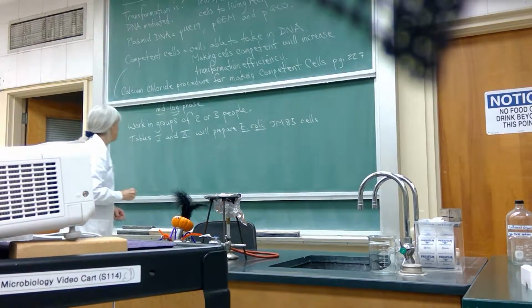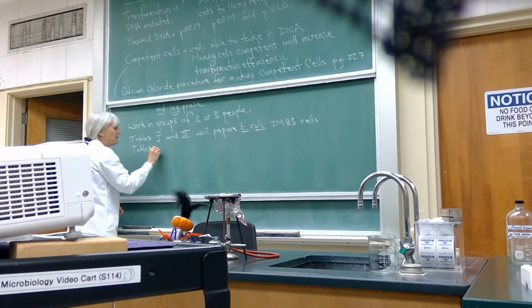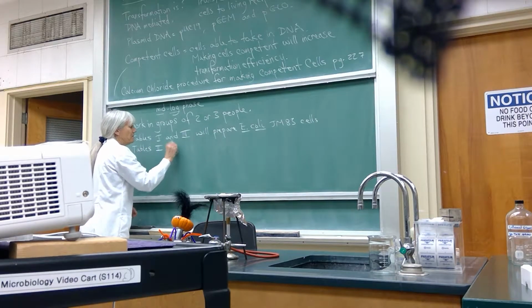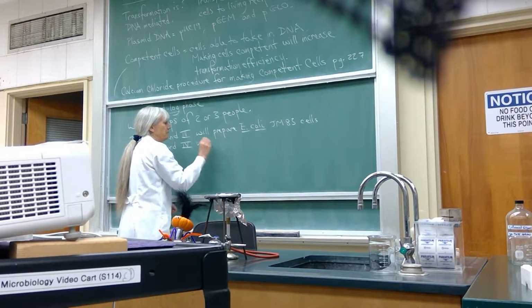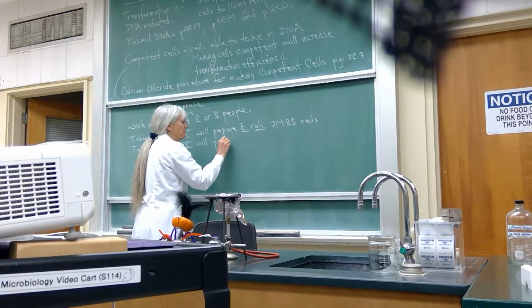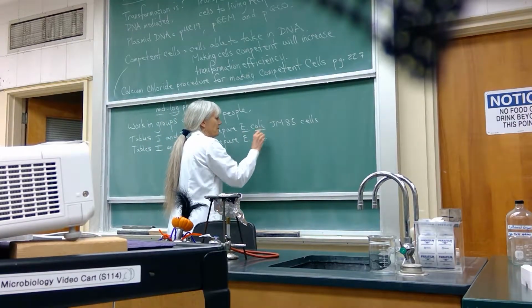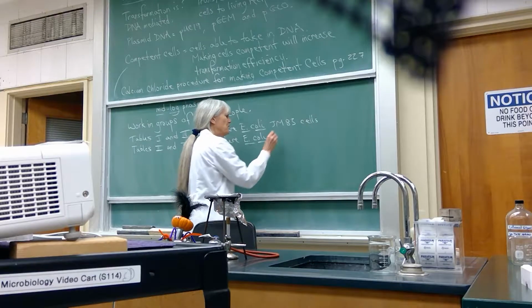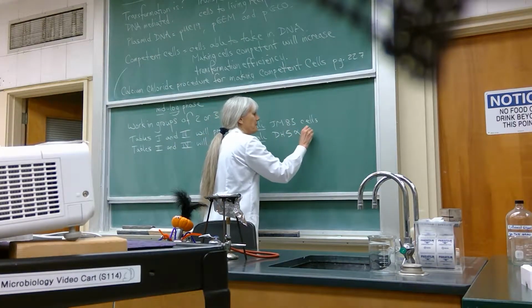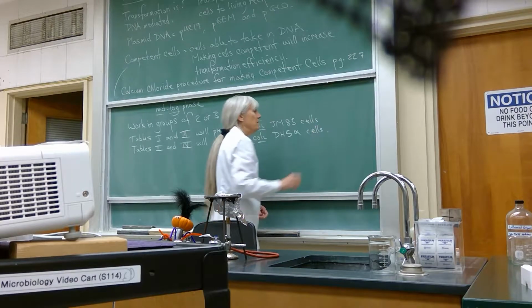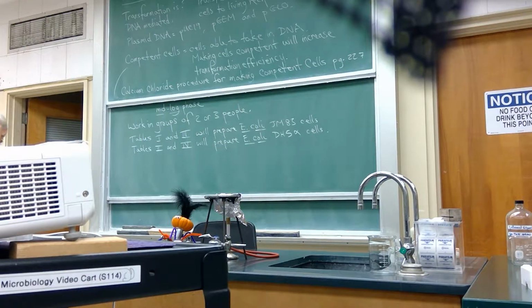And tables 2 and 4, you're going to prepare E. coli strain DH5 alpha. Side bench, you guys can prepare 1 of each. How about that?